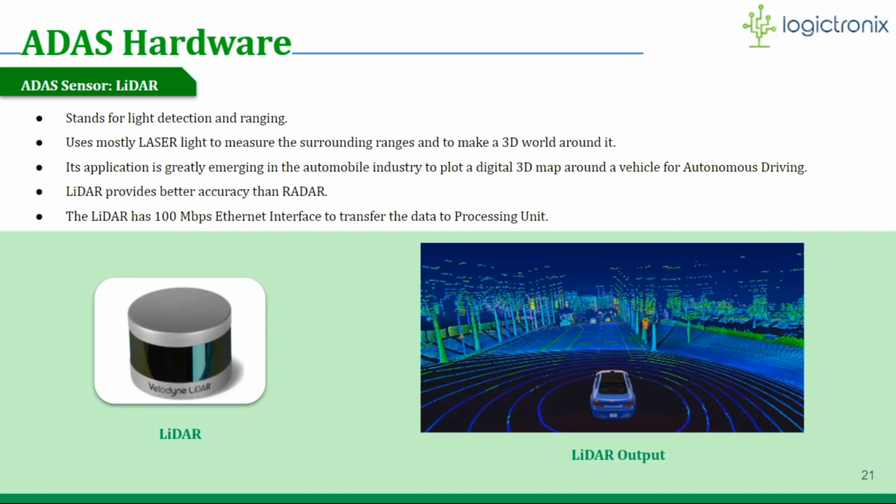The sensor is widely used in the automobile industry to plot a digital 3D map around a vehicle for the sake of ADAS. LiDAR provides better accuracy than radar. For connectivity, this type of sensor implements an Ethernet interface. The Velodyne LiDAR has a 100 Mbps Ethernet interface to transfer its data to the processing unit.